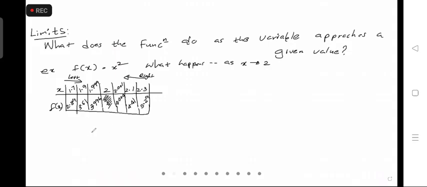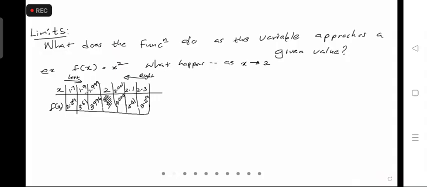Now we have the values. We did not substitute 2 here because we cannot do that. In limits, we cannot substitute 2 into the function. But we can bring the values very, very near to the point and see what happens.